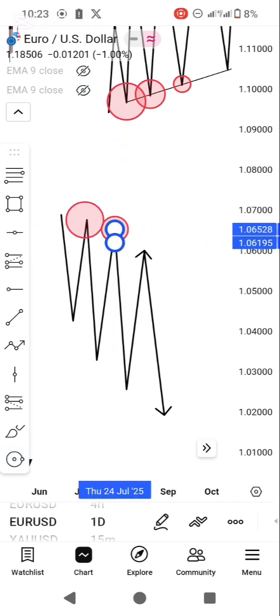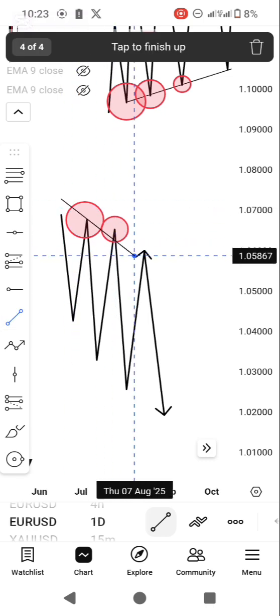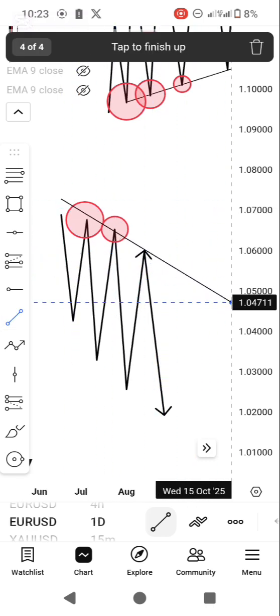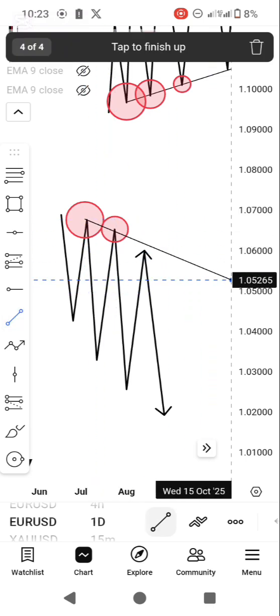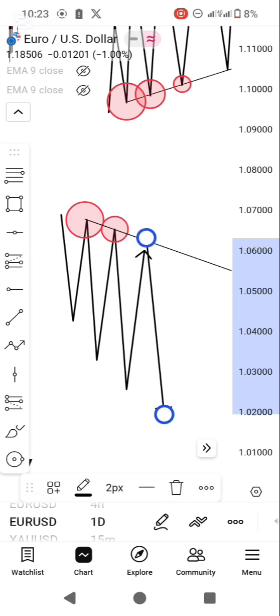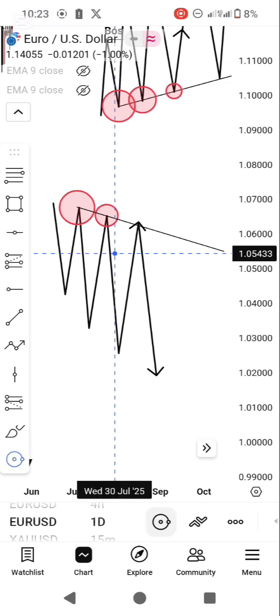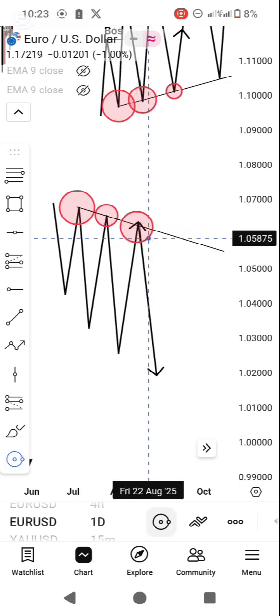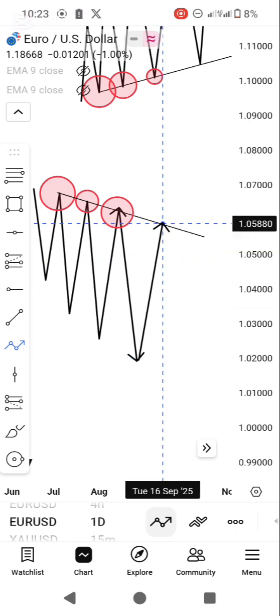So you want to do what? Connect the lower highs and extend it, hoping for price to come back into that trend line and sell off again. Okay, so that's basically how to identify your trend line.